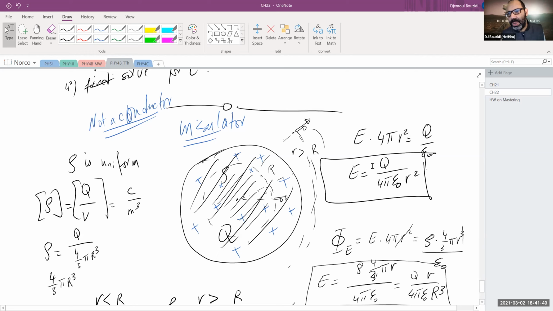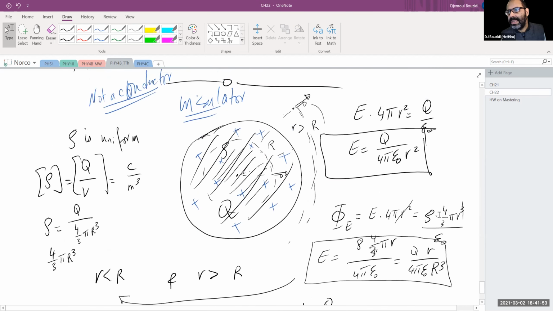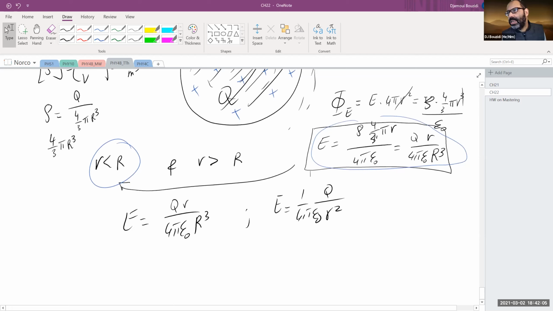And we ended up with these two results that are kind of interesting. One of them is for r less than big R. I know the arrow in here is pointing to this one, and this is the result we found. I can express it in terms of the density, applying Gauss's law again.